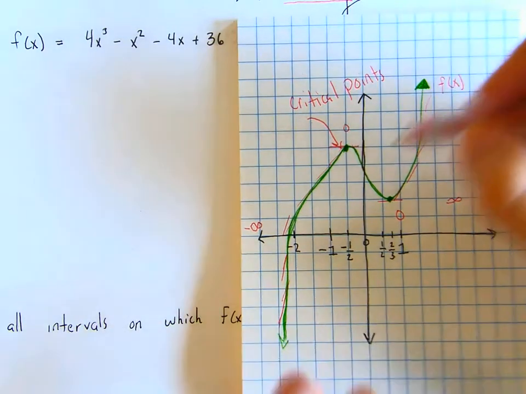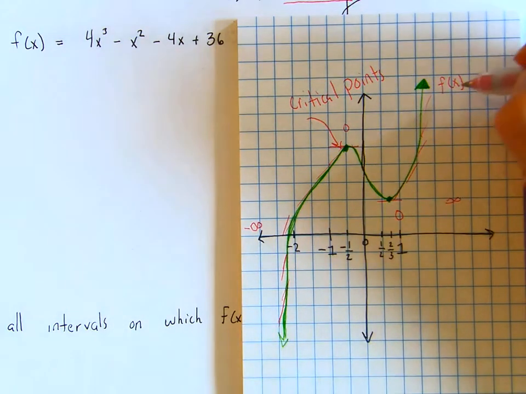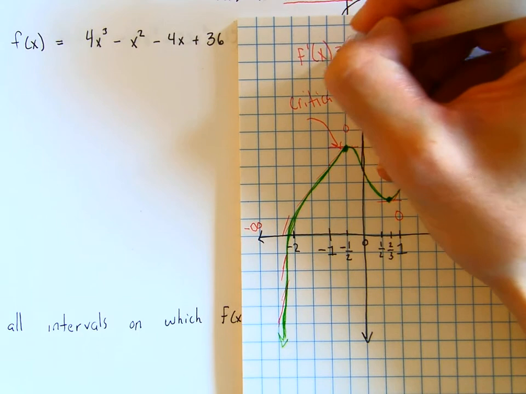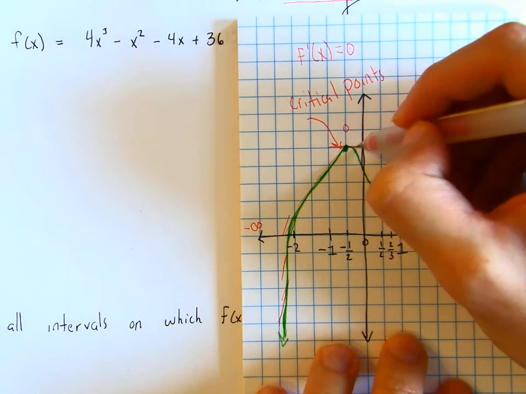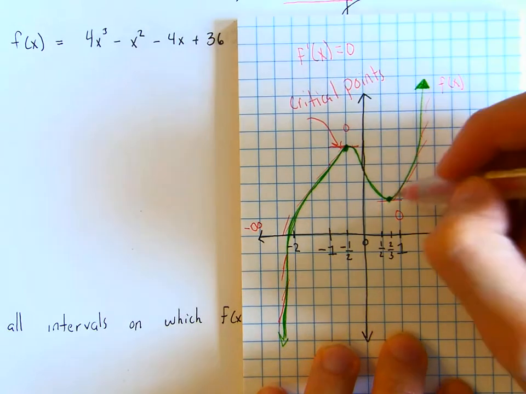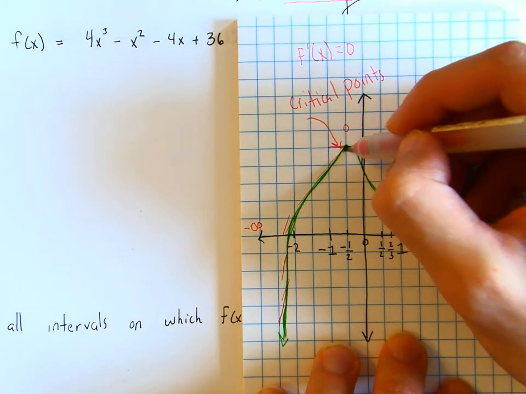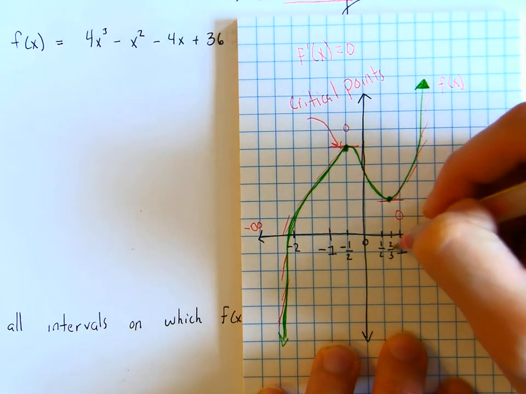And what are these critical points? You see, this is the graph of f of x. When f prime of x equals 0, that implies that the tangent line for f of x is 0. So when f prime of x is 0, it's at these points at negative a half and at 2/3.